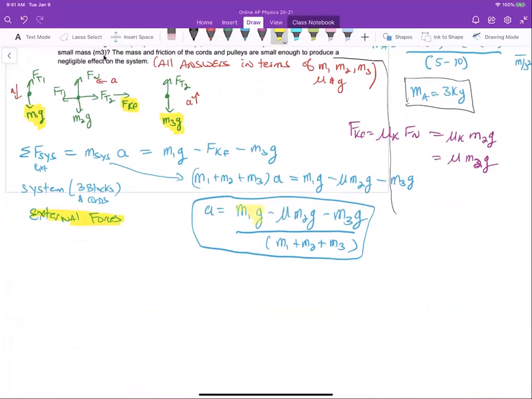This is the difference of the masses, and one was the greater mass. But then I just had to take out the force of friction, and then I divided by the total mass. So it's actually very similar, and maybe you're starting to see that. The difference of the masses times acceleration due to gravity divided by the total mass, and then if I have friction, I got to subtract out what that friction is.